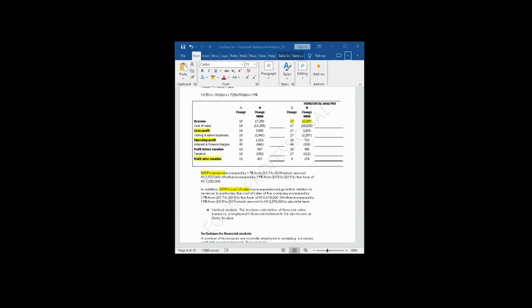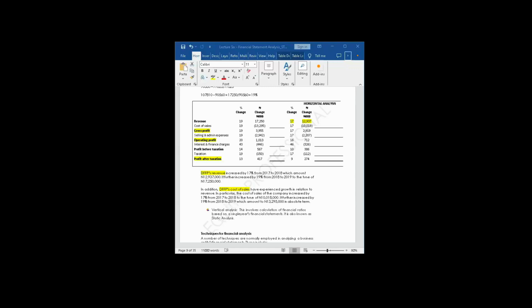I've seen one for Deborah: DFFP's operating profit increased by 17%. Is that correct? Operating profit, yes. From 2017, which amounts to 2919. It further increased to 2919. Is it in naira? Is it in dollars? We don't know.